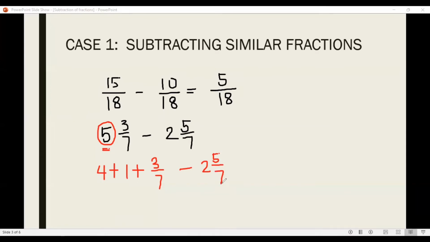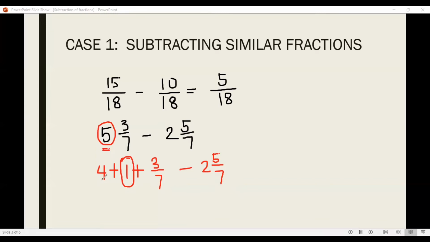Because as I have said, we cannot subtract the 3 and the 5. That will give you a negative result. So what are we going to do? There is a need for us to change this into an improper fraction. We are going to rename this whole number in terms of the denominator 7.